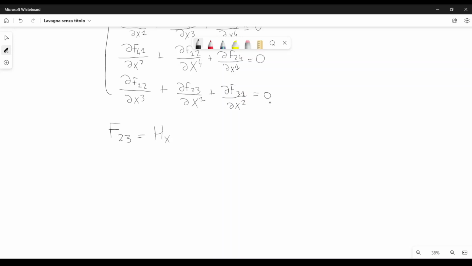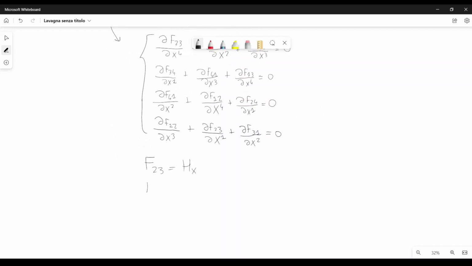Also, let me tell you that I will consider a system of units where the speed of light is equal to 1, so we get rid of some constants. f23 is equal to hx, f31 is equal to hy, f12 is equal to hz.